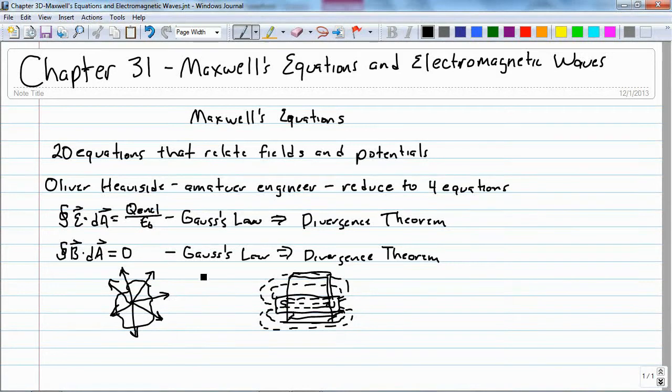And so the field does not diverge, it curls back on itself.